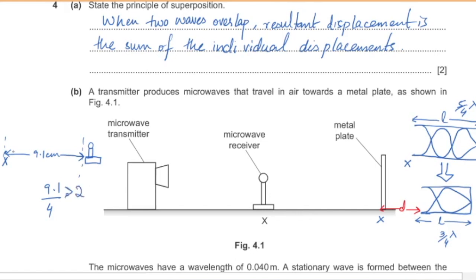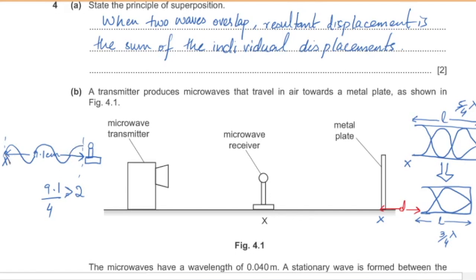So 2 complete waves and some extra can fit in there, but that extra will not be exactly half, because 9.1 divided by 4 is not equal to 2.5. It is in fact less than 2.5 but greater than 2, somewhere around 2.275 or 2.28. So we have 2 complete wavelengths, one complete wave, another complete wave, and another wave that's much less than half of the wavelength.